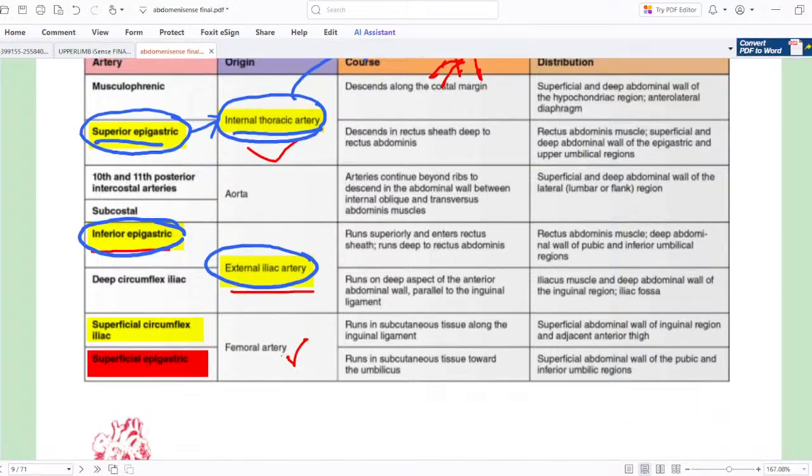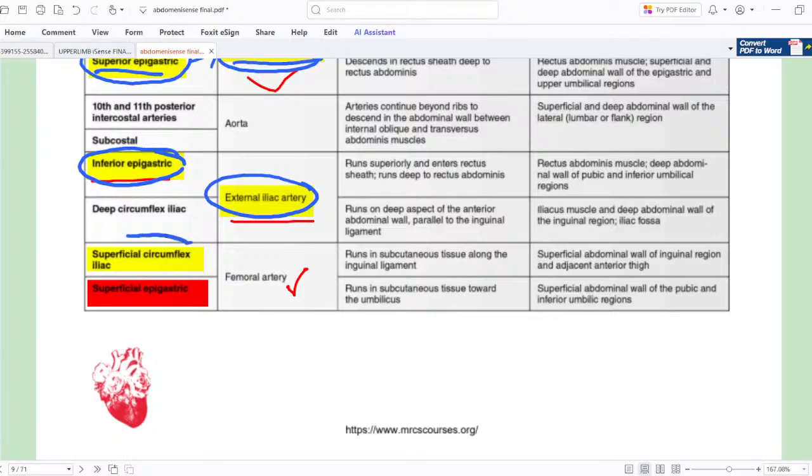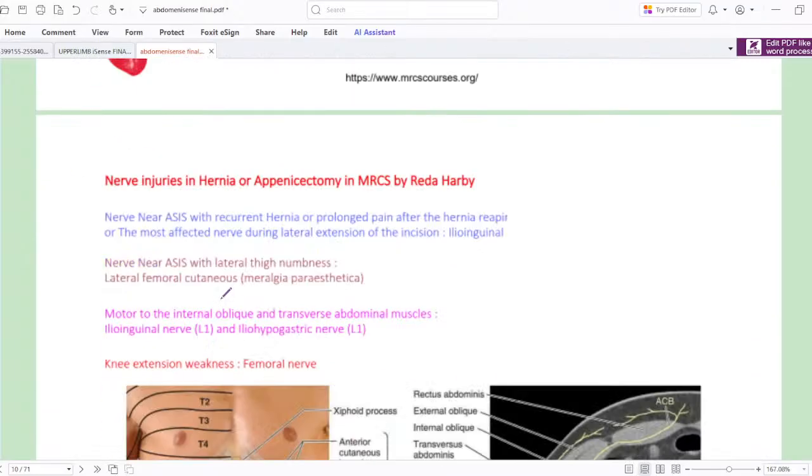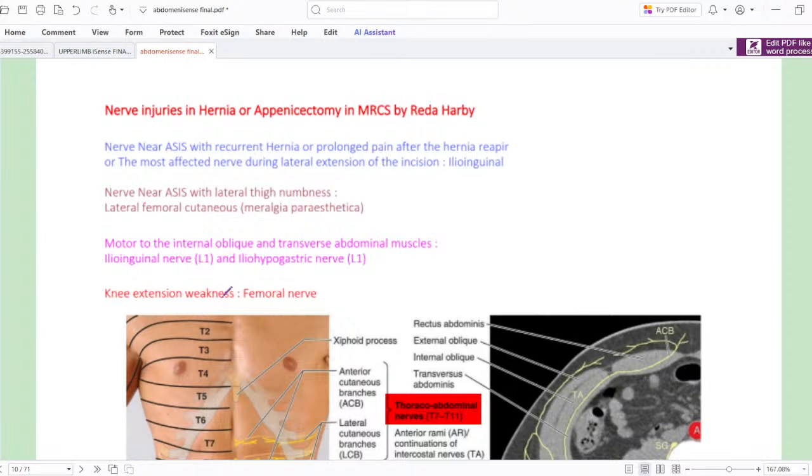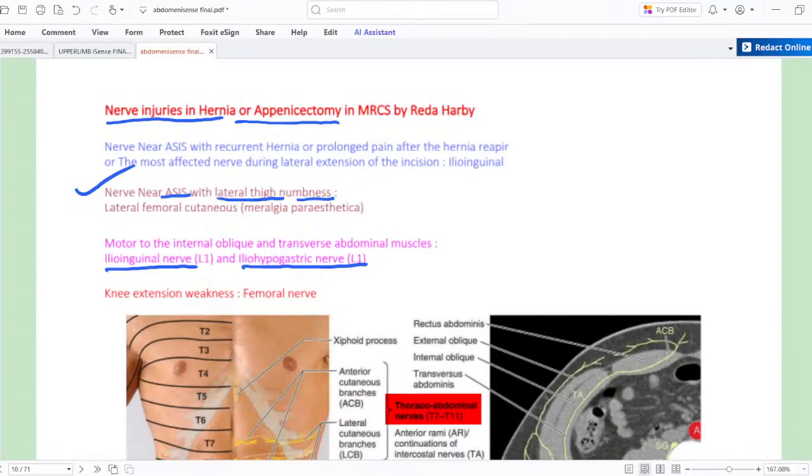Common iliac artery. Abdominal aorta. Okay, superficial circumflex iliac and superficial epigastric. Iliac artery.